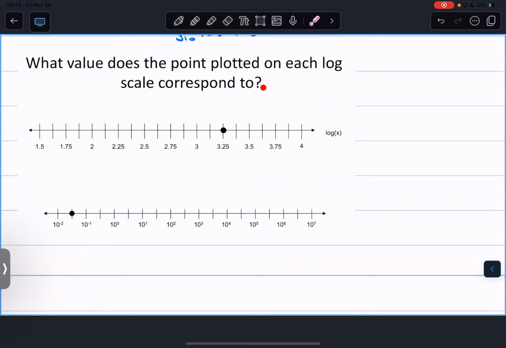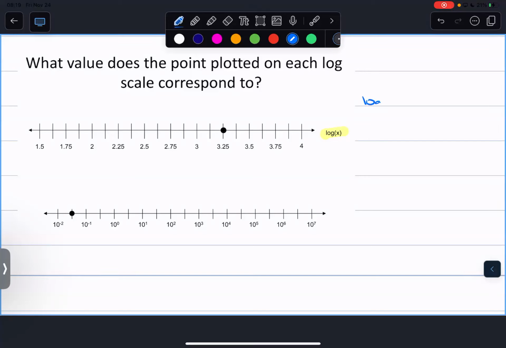What value does the point plotted on each log scale correspond to? So now here we have the log of x is 3.25. Here we're told that the log base 10 of x is 3.25.